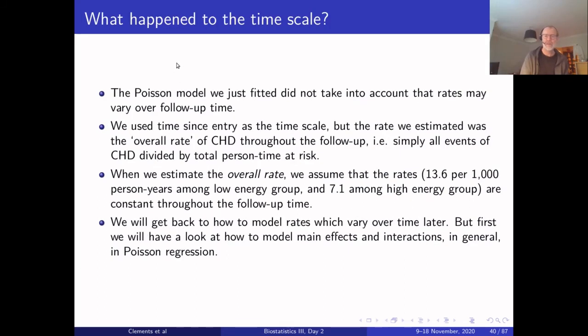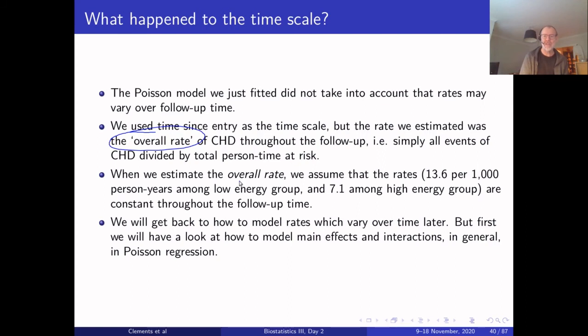Okay, so what happened to the timescale? The model that we just fitted did not take into account that the rates may actually vary over the follow-up time. We used time since entry as the timescale, but the rate that we estimated was the overall rate of coronary heart disease throughout the follow-up. Simply all of the events of the CHD were divided by the total person time at risk.